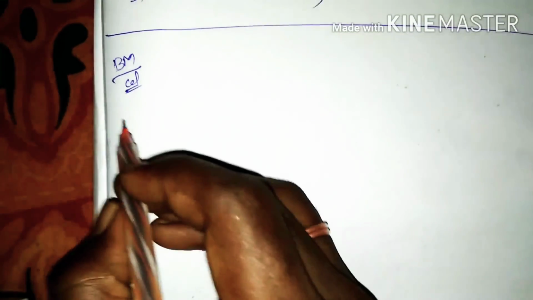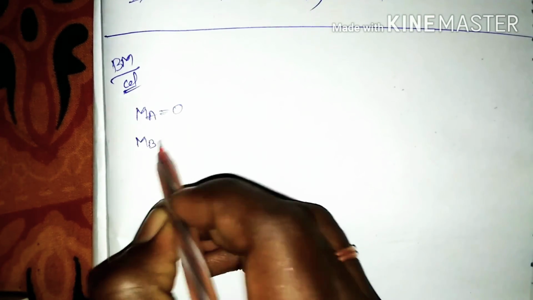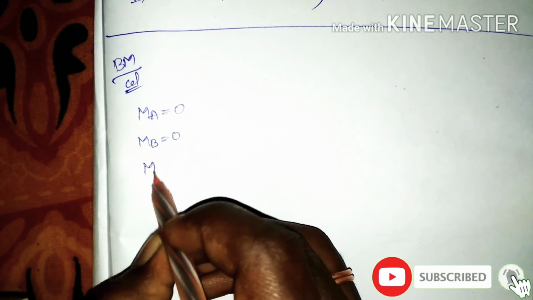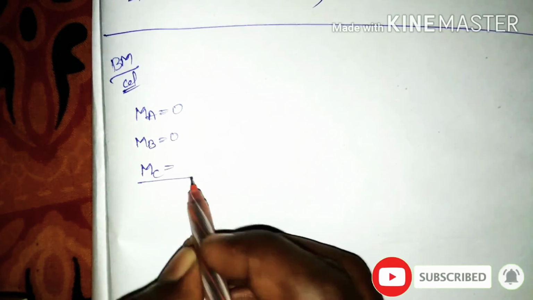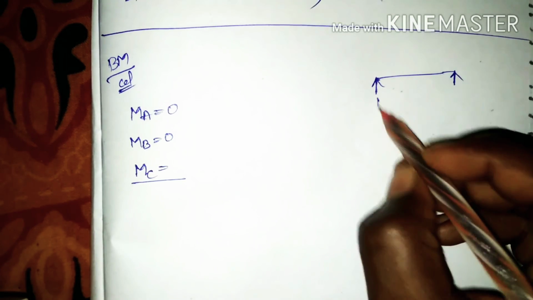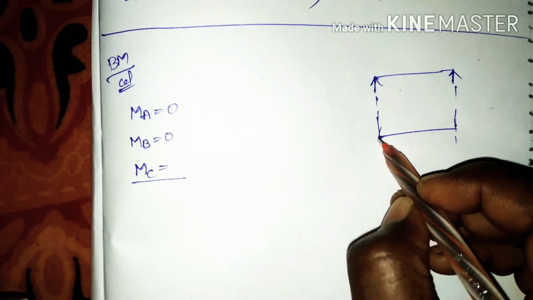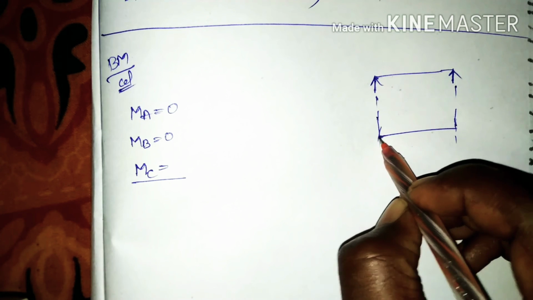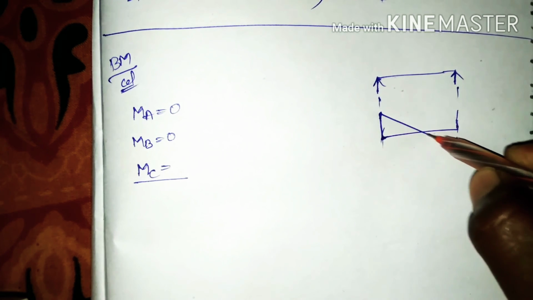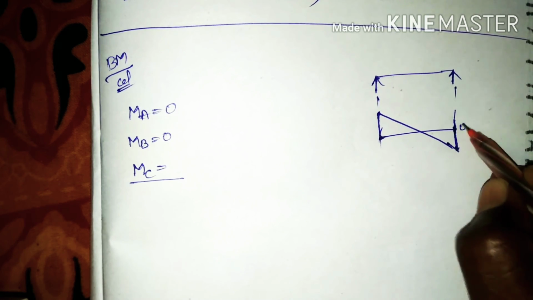Bending moment calculations. Here the moment about A is equal to 0, and the moment about B is also 0, because these are the supports. Next we are going to take the moment about C. Here we are having the shear force diagram: at the left of A we are having 0, for the right of A we are having positive 50, and for the left of B we are having minus 50, and thereafter 0.